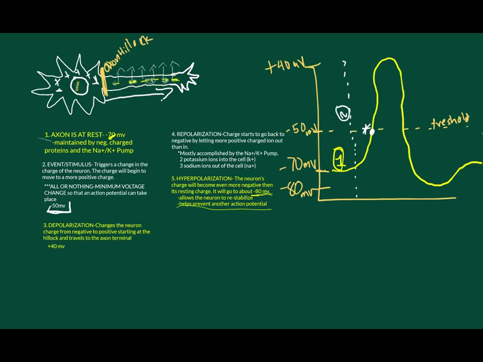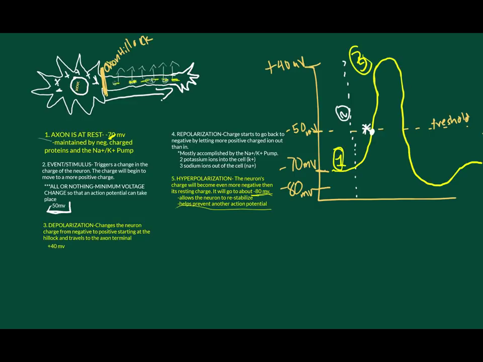So assuming that the change was high enough to cross the threshold, that's going to cause the change in the internal charge of the neuron to shoot up and become positive, and that's going to lead to the depolarization. So that's going to be our 3rd step.